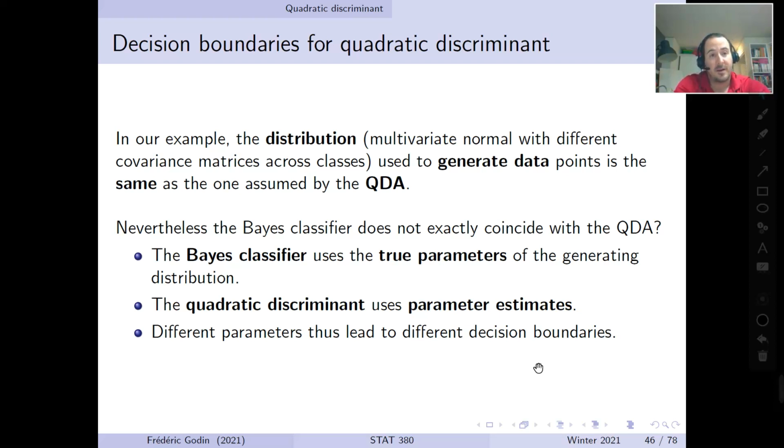But if the estimated parameters exactly matched the true parameters, then both decision frontiers, from the Bayes classifier and the quadratic discriminant analysis, would exactly match, because the assumption of QDA exactly matches the way we've simulated the data.